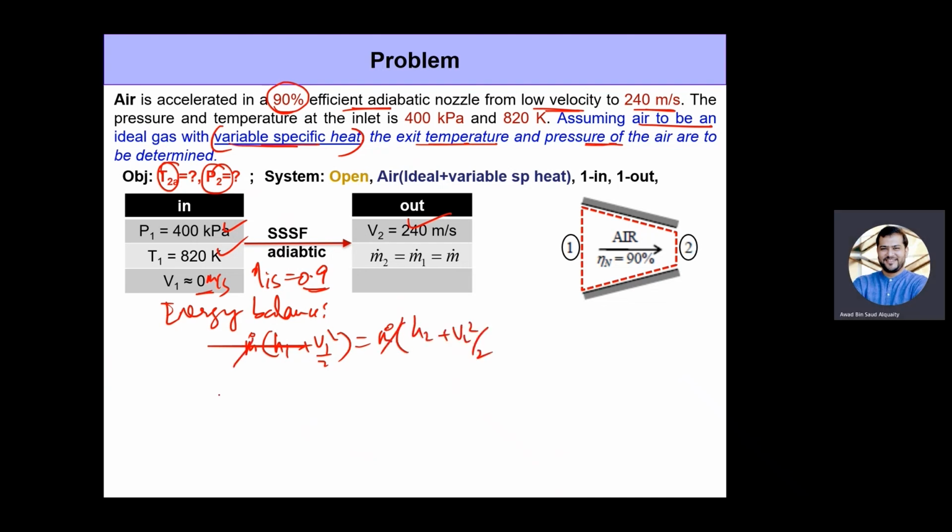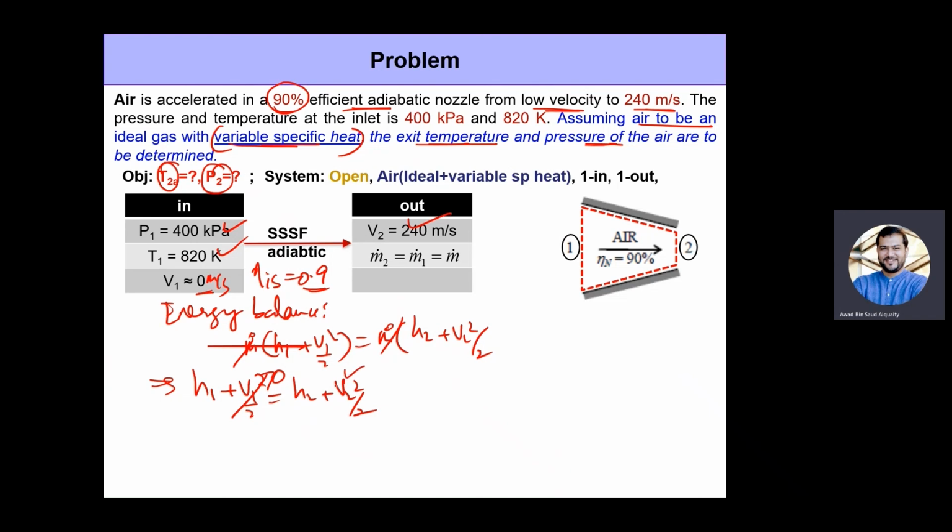We know that m dot 1 is equal to m dot 2. So basically, h1 plus V1 square by 2 is equal to h2 plus V2 square by 2. V1 is almost 0. It's not provided in the question, and it's usually very, very small compared to V2. So if it's not given in the question, you can approximate it to be 0. What we have been provided is V2.